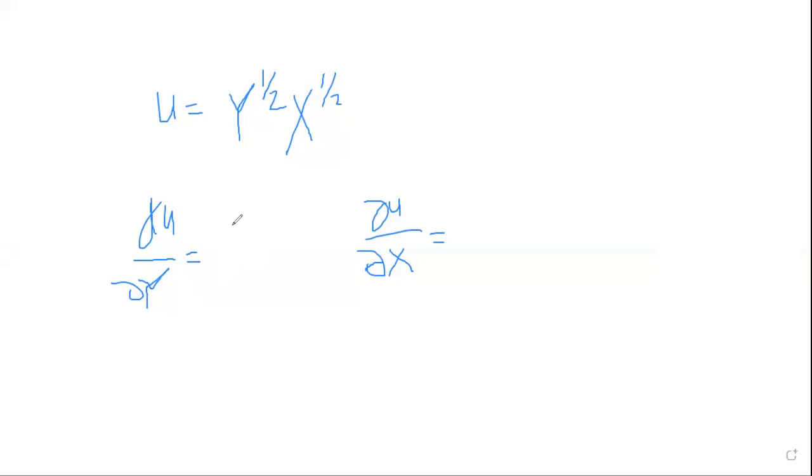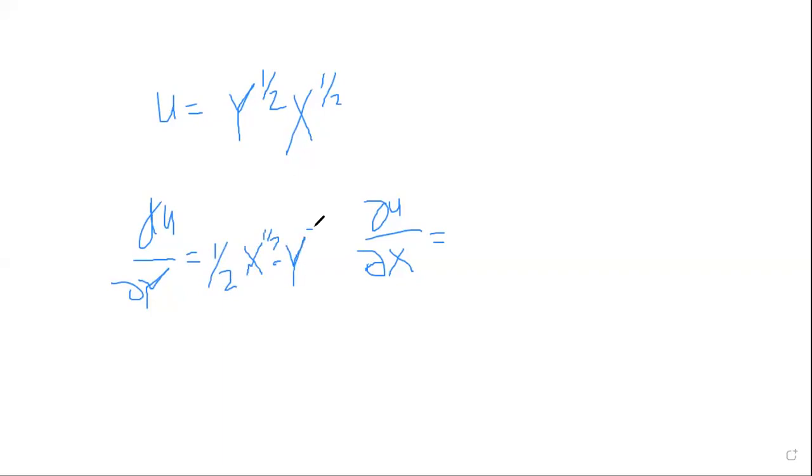So this is going to be, I'm differentiating it with respect to y. So assume that x is constant. So it's going to be 1 over 2 times the constant, which is x to the power half, and now times y to the power half minus 1.